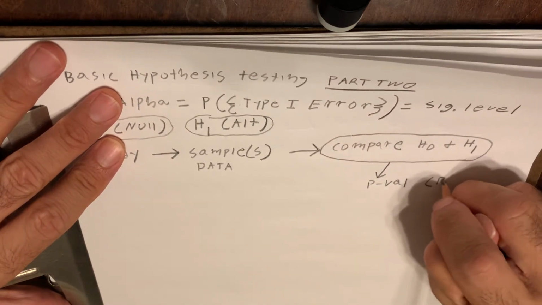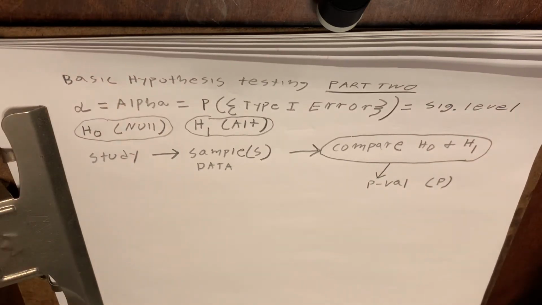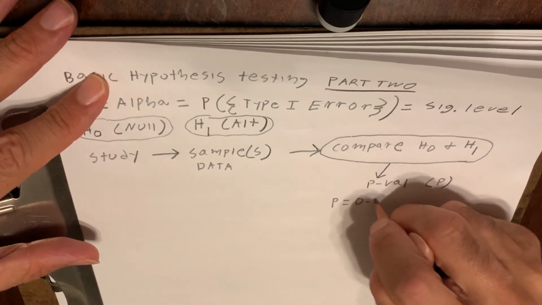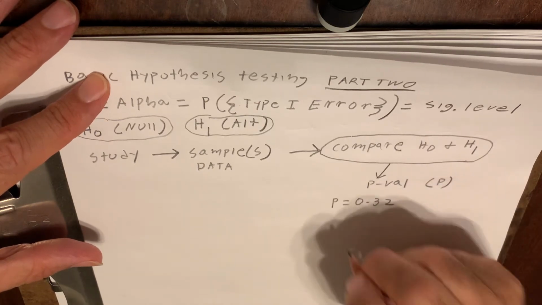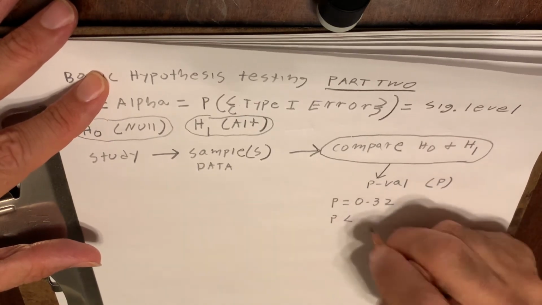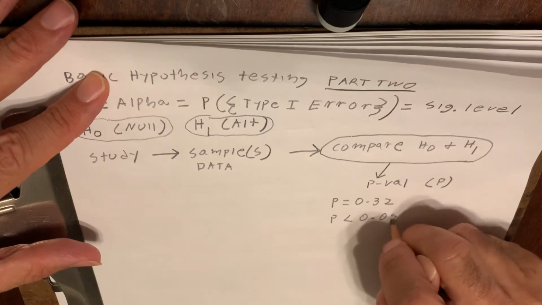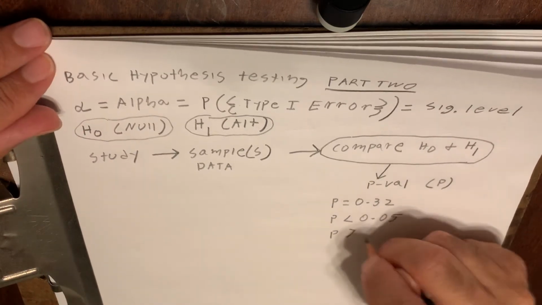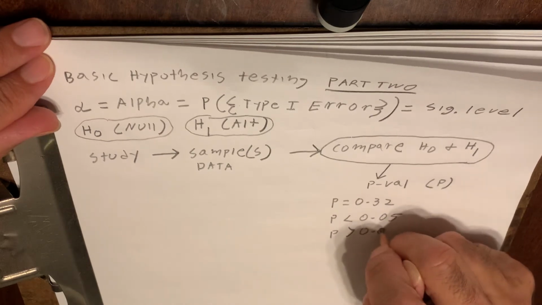Nobody writes p-value. They just write p, and in a paper, in a scholarly article, it might say something like p is equal to 0.32, or it could say p is less than 0.05. It might say p is greater than 0.05.